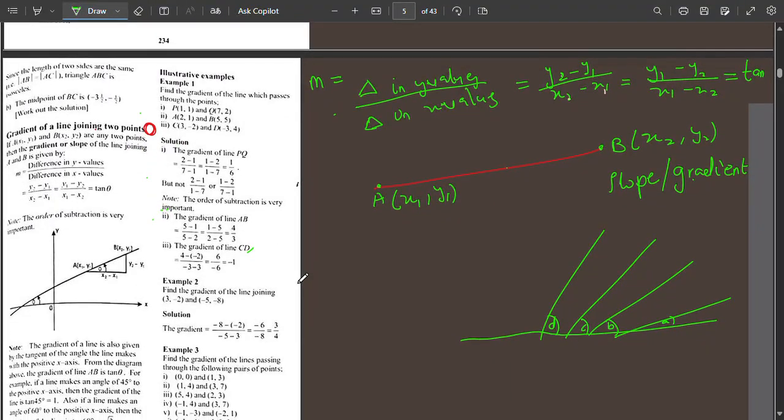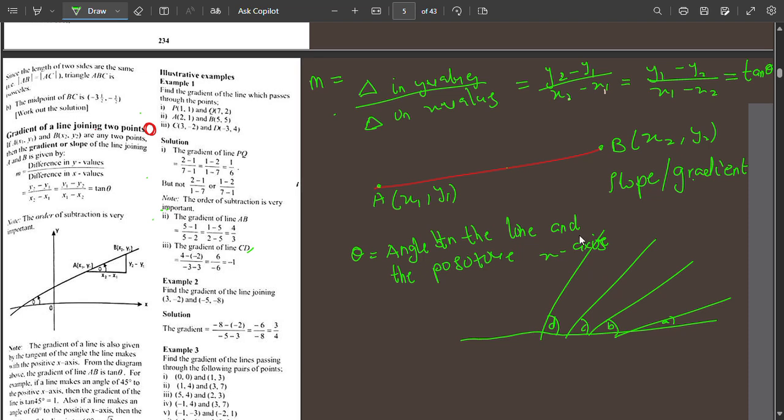So this theta that we have here represents the angle between the line and the positive x-axis.